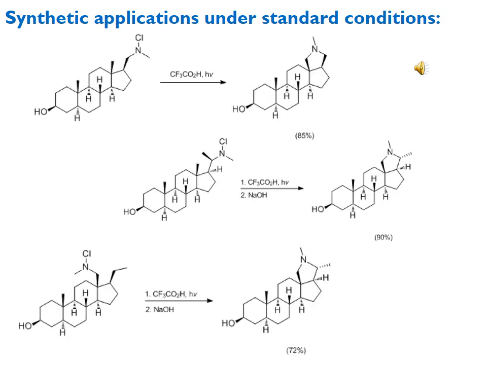Here are some different cases with the synthetic application under standard conditions. Here you can see the natural products which have been converted into cyclic rings after chlorination, where N-chlorosecondary amines have been used, and we get the product with the first reaction in 85% yield, the second with 90%, and the third with 72% yield.